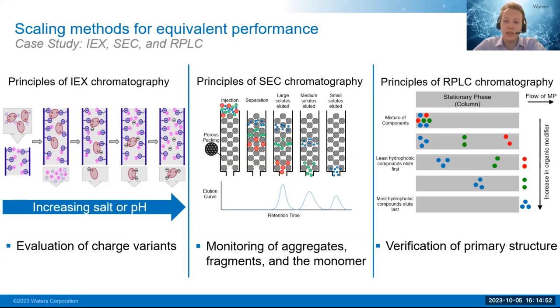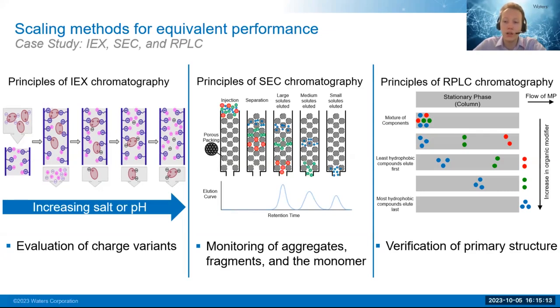And next, we'll be looking at size exclusion chromatography, which for mAbs is an isocratic technique that separates molecules based on their hydrodynamic radii. Separation occurs when molecules of different sizes are either included or excluded from the porous packing material.